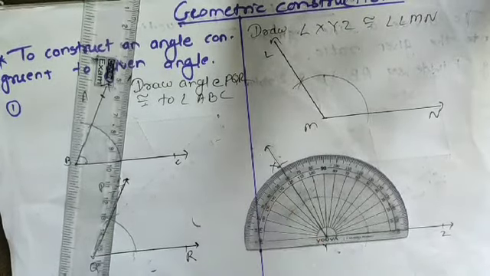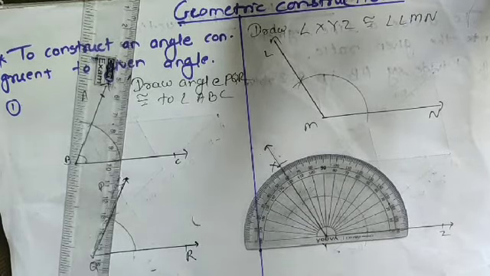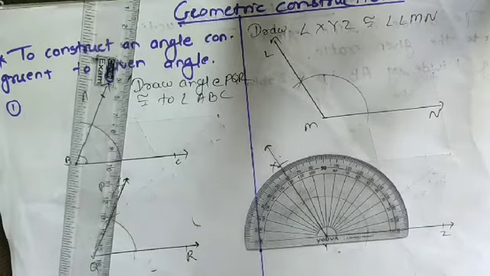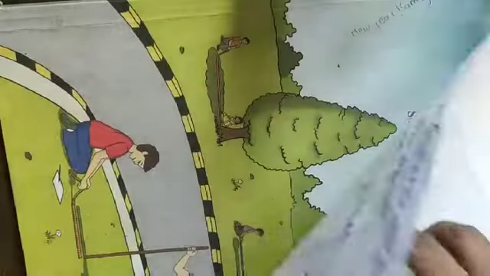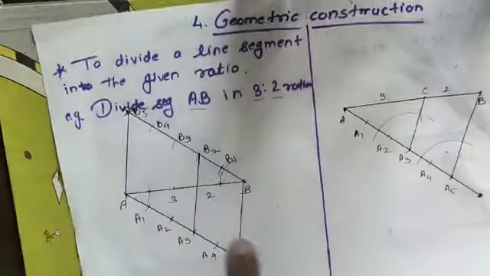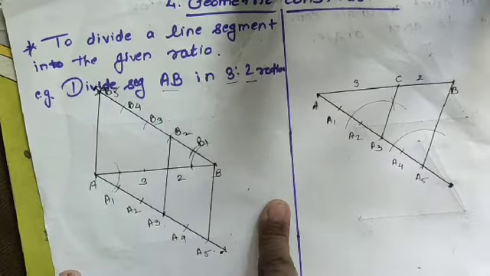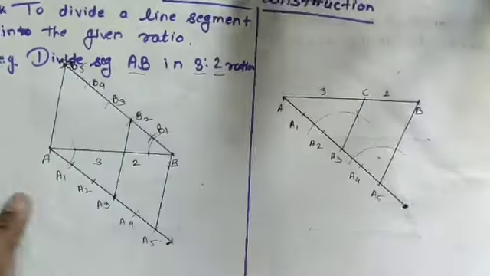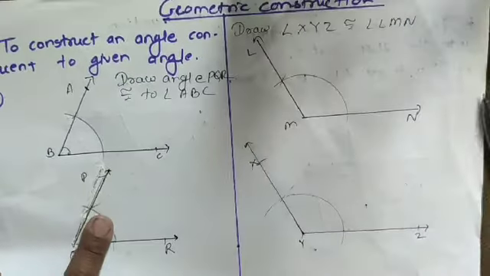So in this way you have to do these basic constructions, and then we will take the next construction in our next lecture. So today also we saw the basic constructions only, and inside it we saw how to divide a segment into a required ratio, and another we had seen, that is how to draw congruent angles for the obtuse and acute angle.